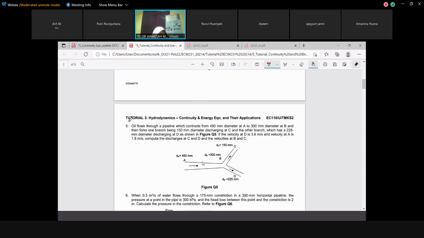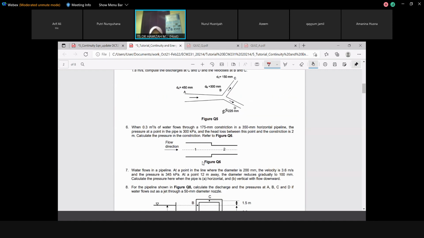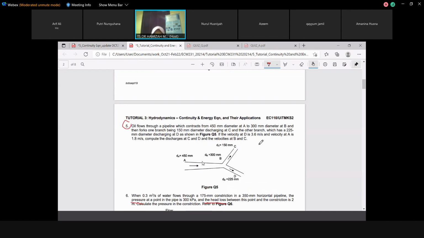Okay, soalan 6 ni tak boleh buat lagi sebab ini adalah soalan pressure yang macam kawan awak tanya tadi. So ni kita akan belajar next topic. So pressure, lepas tu ada heat loss. Okay, 6 ni tak payah buat lagi. Okay, you can try on your own.